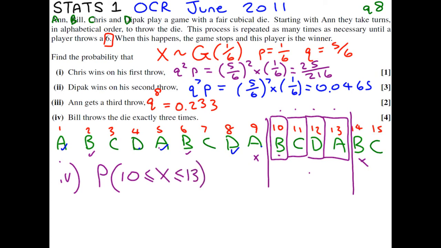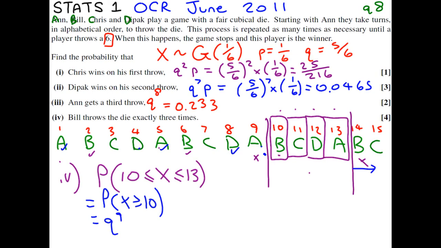We can split this up, and we know that the probability that x is greater than or equal to 10 is just q to the power of 9. Now we want to think as well about the probability that it's greater than 13.